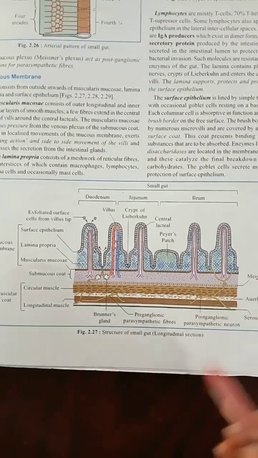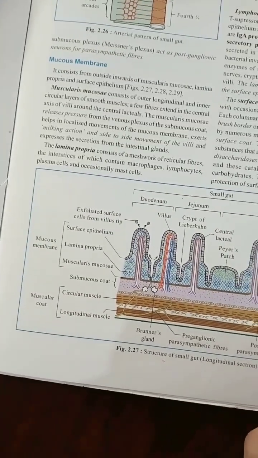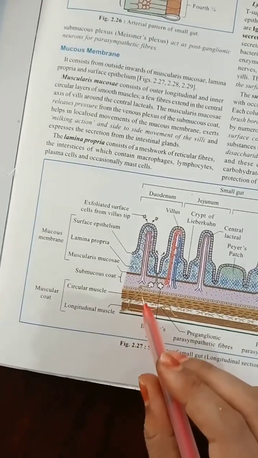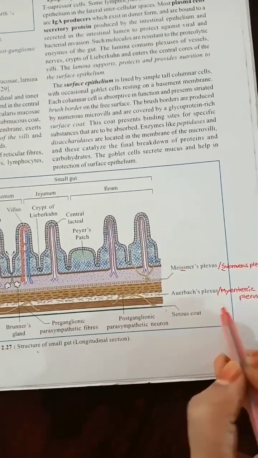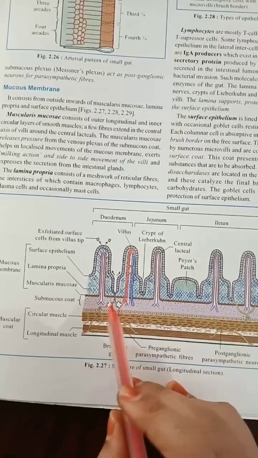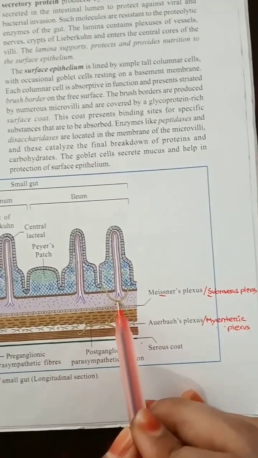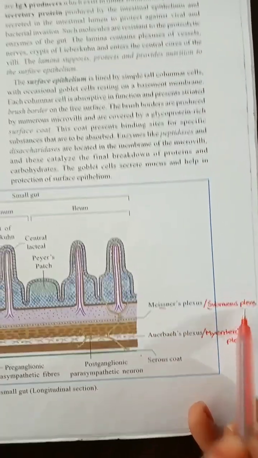Here is a picture of the histology of the small gut, to show you the nerve plexus. In between the muscle layers, the outer longitudinal and inner circular muscle, there is a nerve plexus known as the myenteric plexus or Auerbach's plexus. And in the submucosa, there is another nerve plexus, known as Meissner's plexus or submucous plexus.